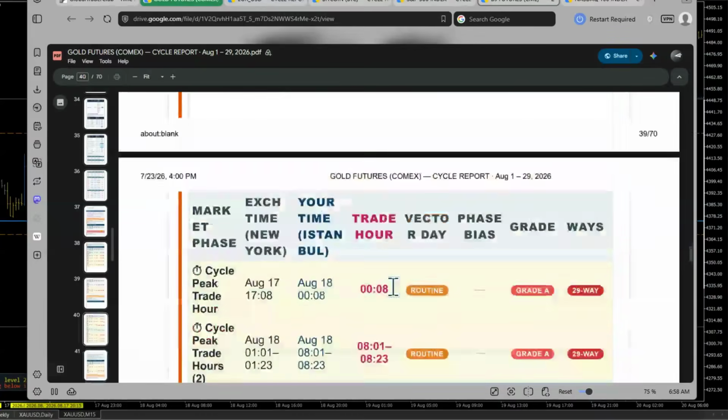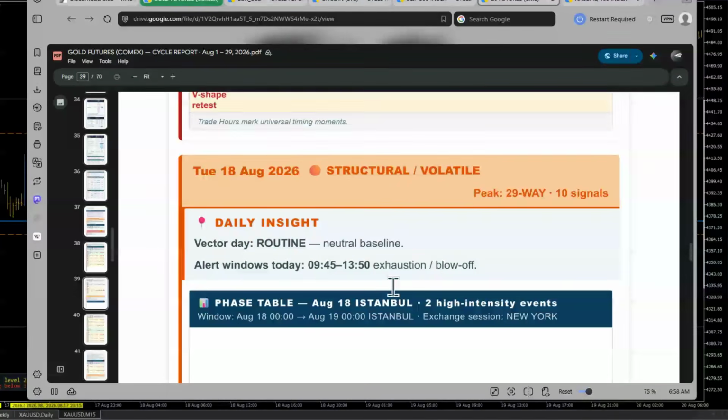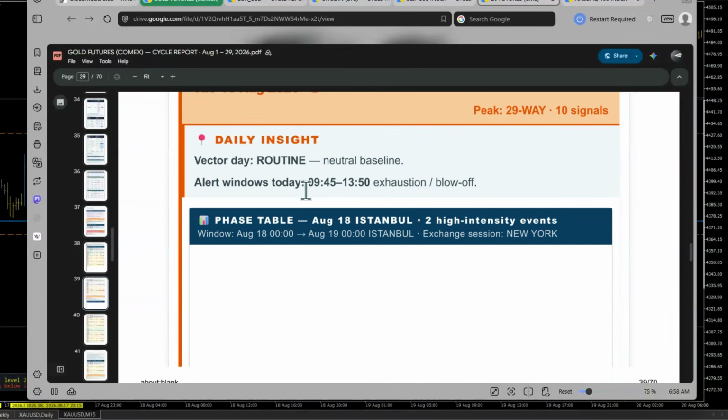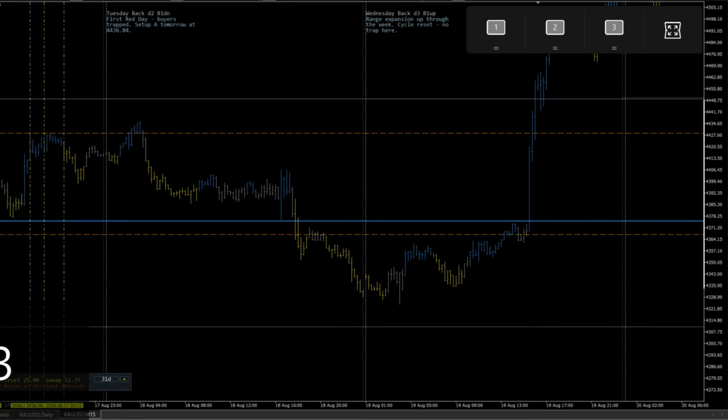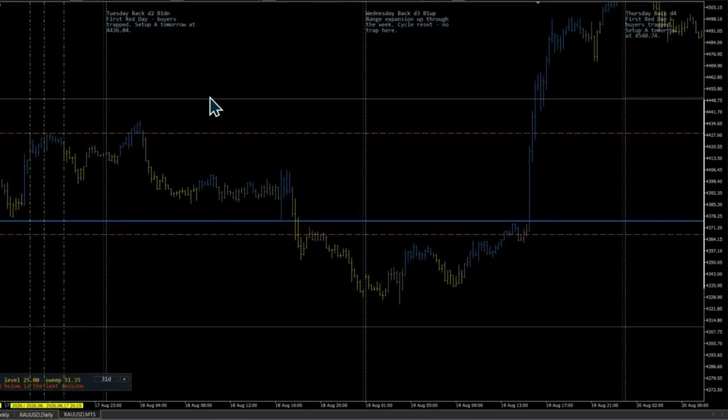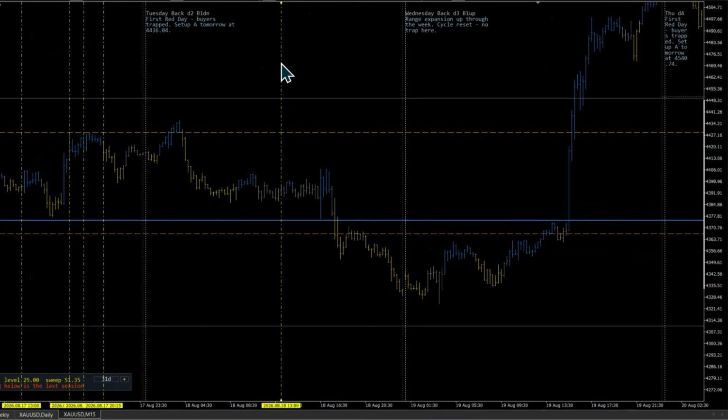And on Tuesday, as you can see, it's structurally volatile, but nothing's really happening. We've got 9:45 to 1:50 exhaustion blow off. Let's see how that panned out. 9:45 to 1:50 on a Tuesday. This is 9:45 here.